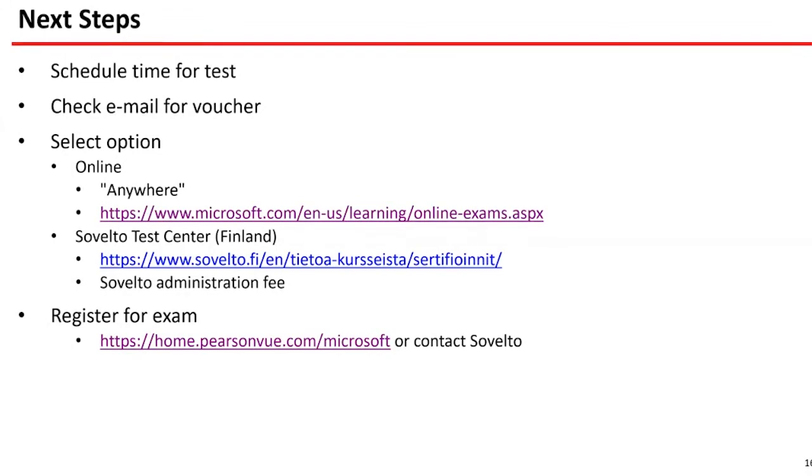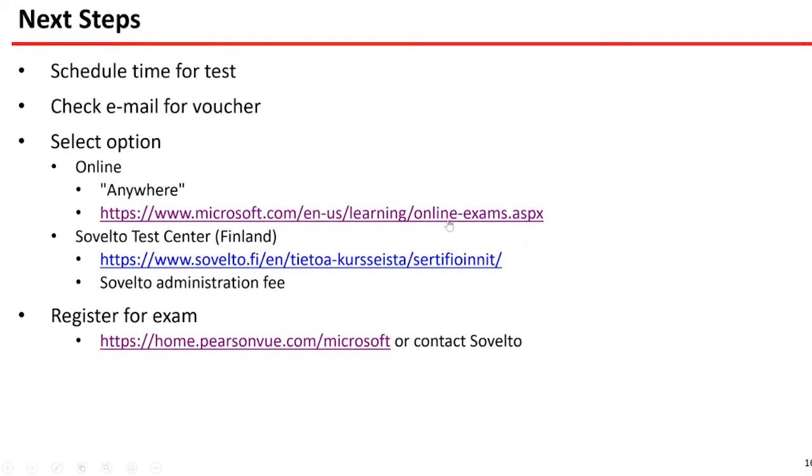This means there are a lot of technical requirements for the computer you are using for this test, and you have to have a webcam, and you have a quite small room, hopefully with no windows and stuff like that. There are a lot of requirements, but it's doable.